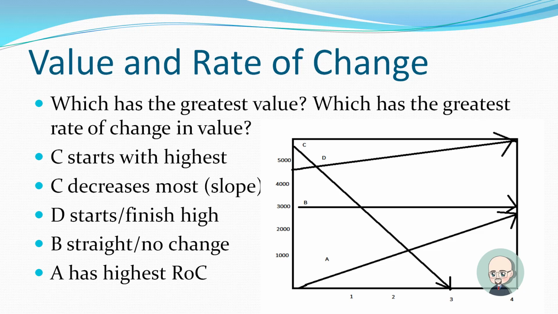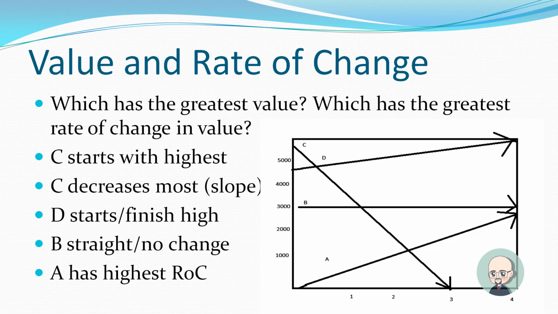So C starts with the highest, C decreases the most in terms of slope, D starts and finishes fairly high. You see that? It starts above 4,000, finishes even higher. So that increases. B is straight, so there's no change. It starts at 3,000, it ends at 3,000.